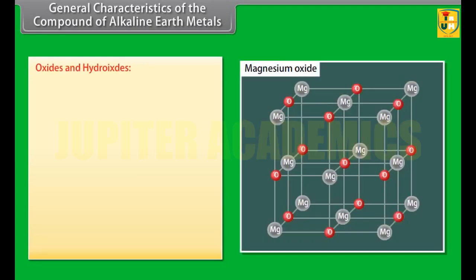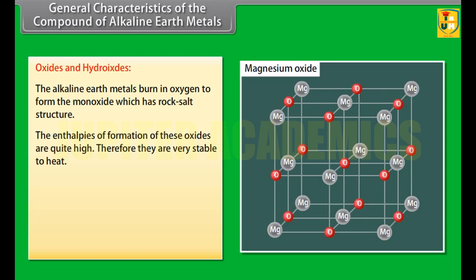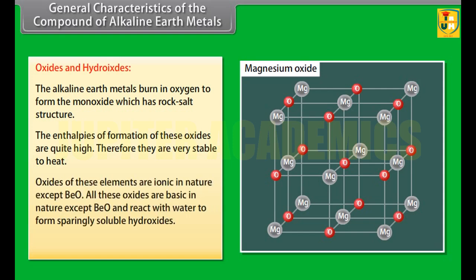Oxides and hydroxides. The alkaline earth metals burn in oxygen to form the monoxide, which has a rock salt structure. The enthalpies of formation of these oxides are quite high. Therefore, they are very stable to heat. Oxides of these elements are ionic in nature, except BeO.